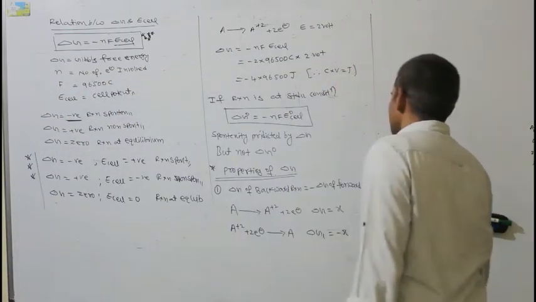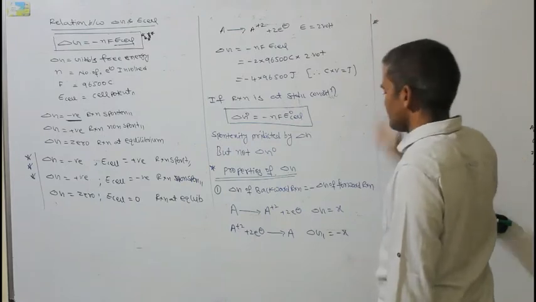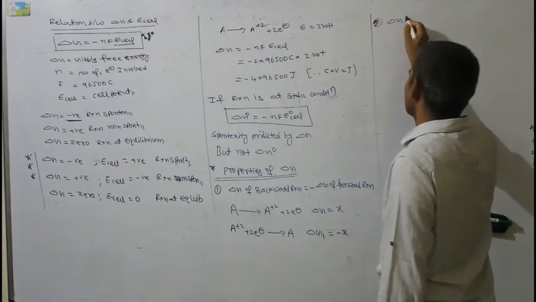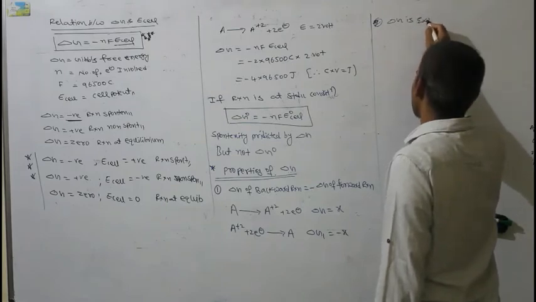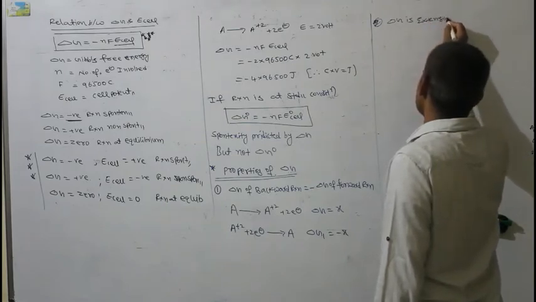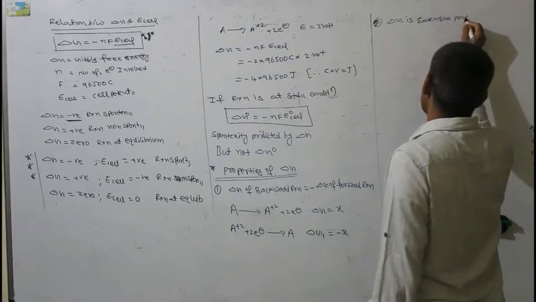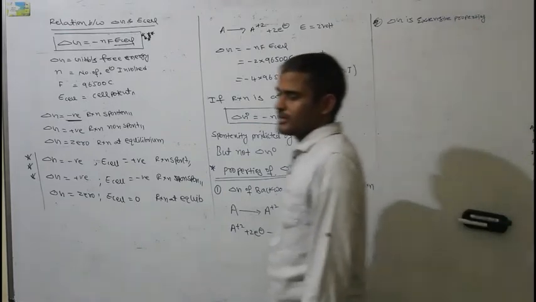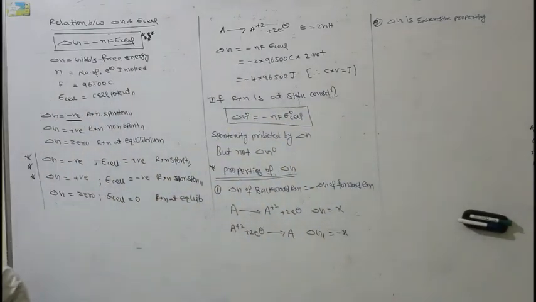Next, the second one. Del G is an extensive property. Extensive property means it depends on mass.